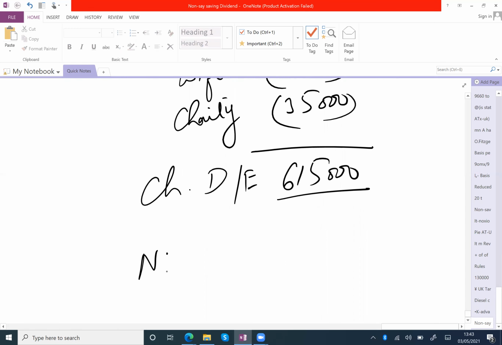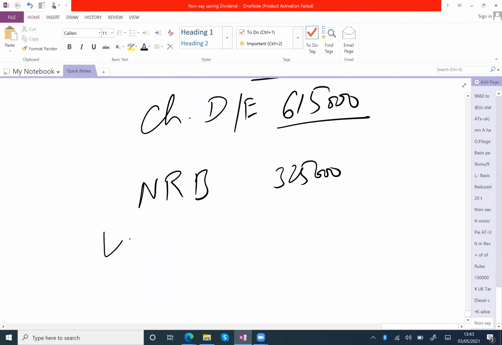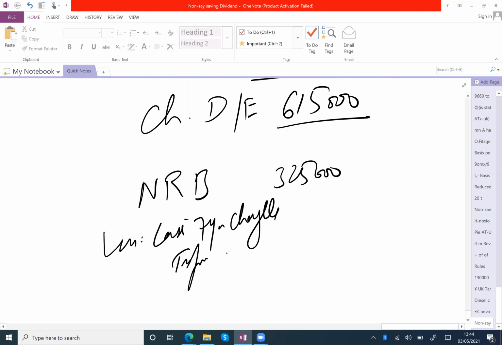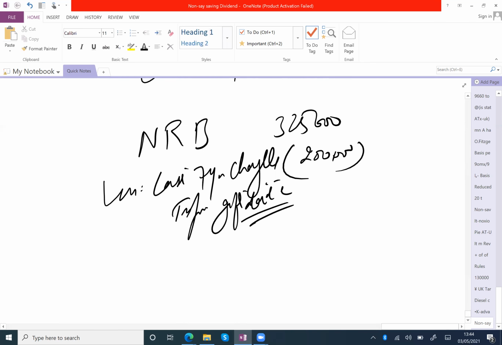Okay, now check the NRB availability at death year: 325,000 for 2015-16, and less last 7 years chargeable transfer. Obviously from gift date, you have to go back from the gift date, and the gift date is the death date because you are calculating the death tax on the death estate. So when you go back from the death date, that is within 7 years of death, so that is obviously chargeable at the time of death, so it is a chargeable transfer.